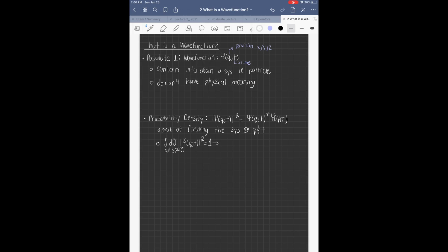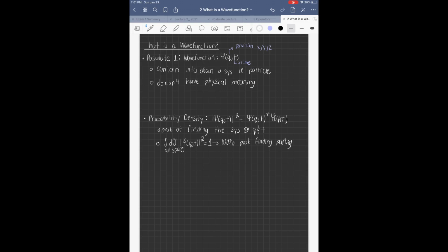This just means there's 100% probability of finding the particle.